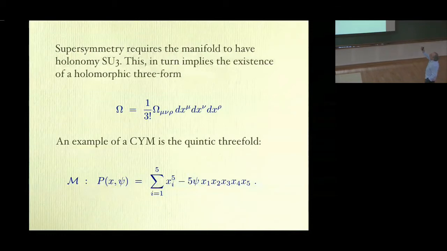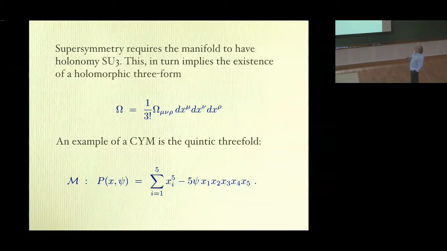So, supersymmetry, to cut a fairly long story short, requires that you choose a Calabi-Yau manifold in your compactification of string theory, and a defining property of the Calabi-Yau manifold is that it should admit a holomorphic 3-form omega. So Calabi-Yau for us will be compact, complex, Kähler, and 3-dimensional.